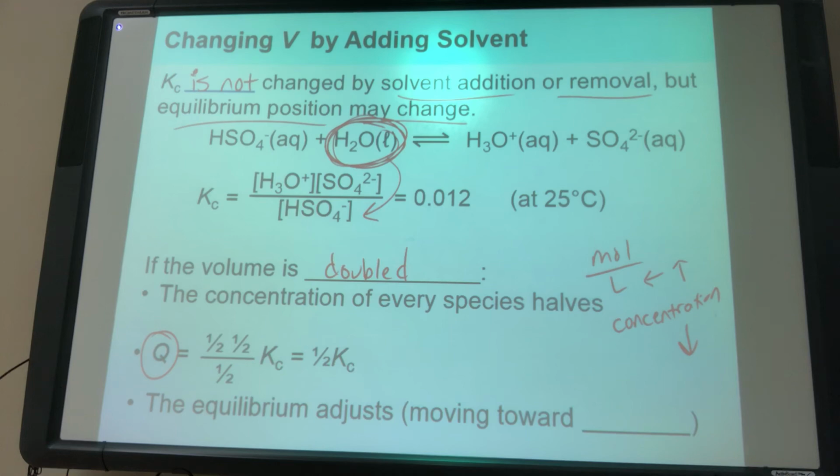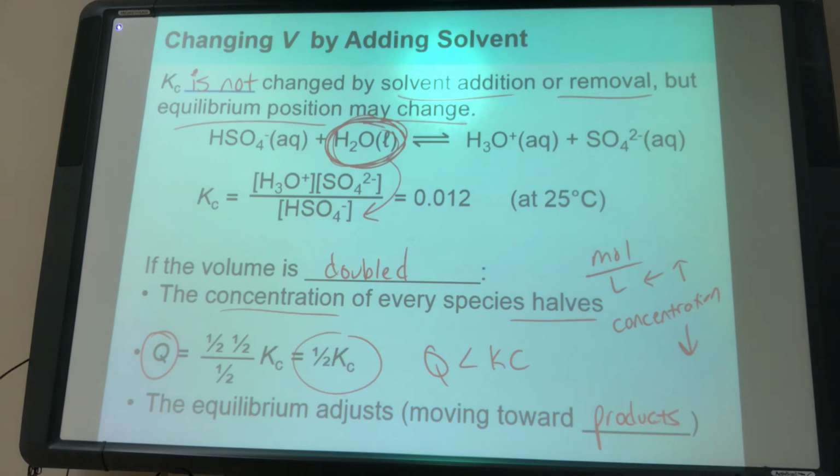So if this goes up, the whole number itself goes down. So if this goes up by 2, then my concentration is going to go down by 2, half. So my Q is going to be half my Kc. So same thing, if Q is half of my Kc, which way am I going to shift? I need to get bigger, so I'm going to shift to products.